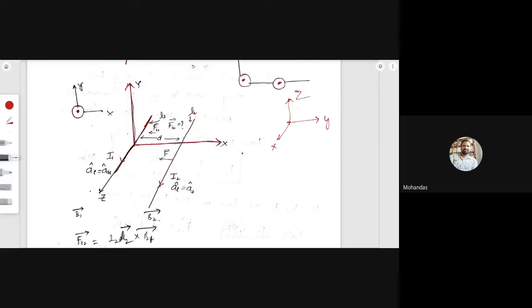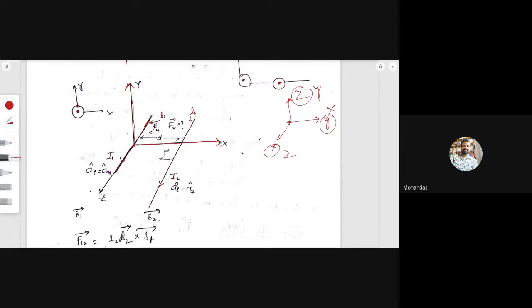As the conductor is placed along the z-axis, for our convenience, here we are taking this as z-axis, this as x, and this as y. That is our wish. Okay?